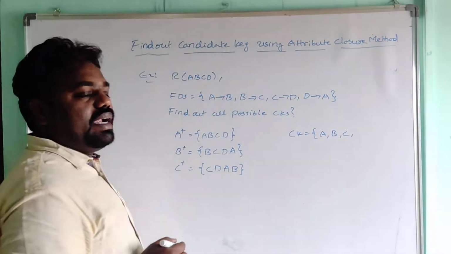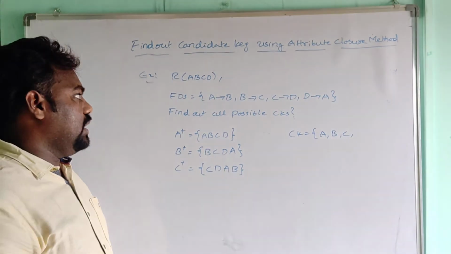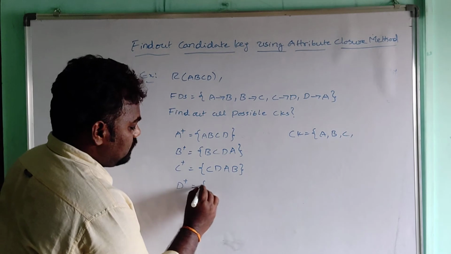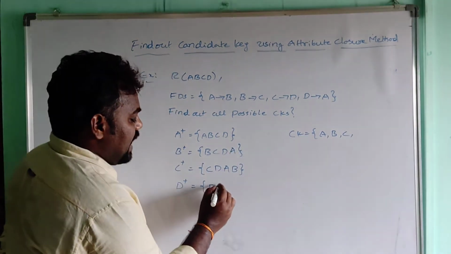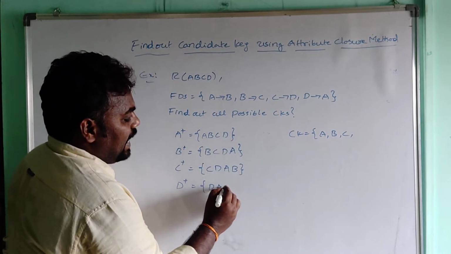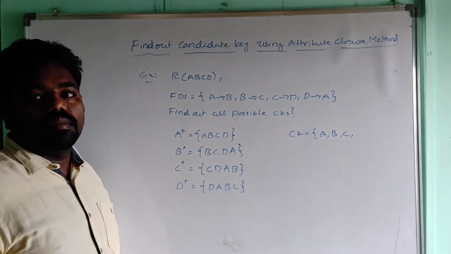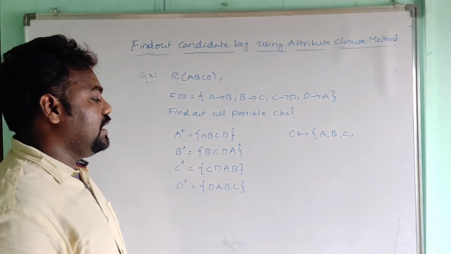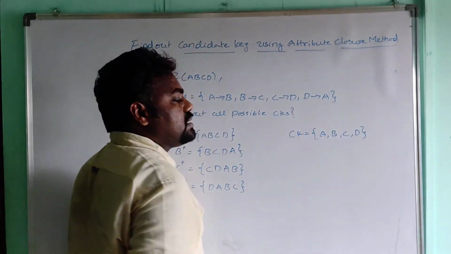Because it can determine all the elements of the given relation. Then the next one is D closure. D determines D, D determines A, A determines B, B determines C. Here this is also a candidate key which can determine all the elements.